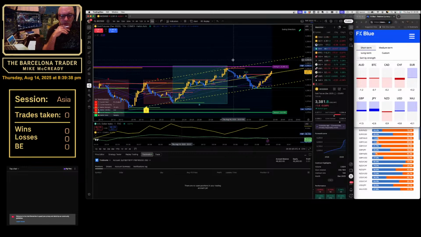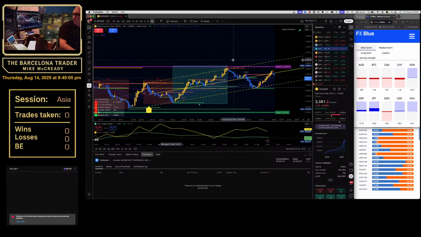This market is doing nothing tonight. Nothing. The indicators that are indicating anything are pointing toward a bearish gold market.